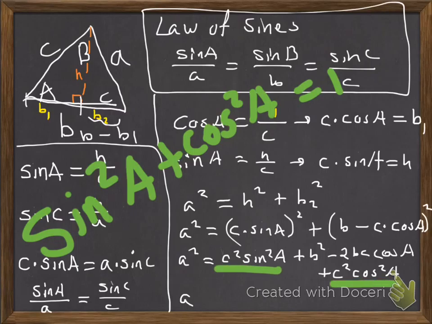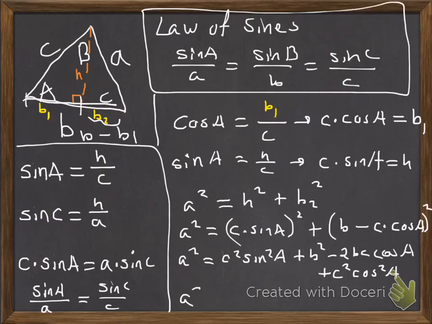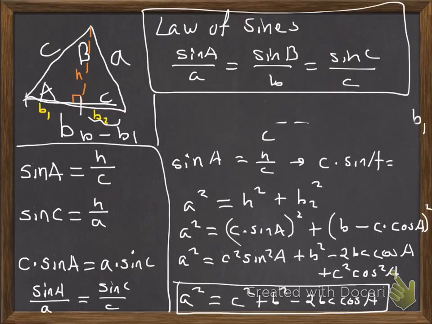So we can factor out a C squared, and C squared sine squared A plus C squared cosine squared A is just going to be C squared, because the sine squared and cosine squared turn into 1. So then we have A squared is equal to C squared plus B squared minus 2BC cosine of A. That's one of our law of cosines.